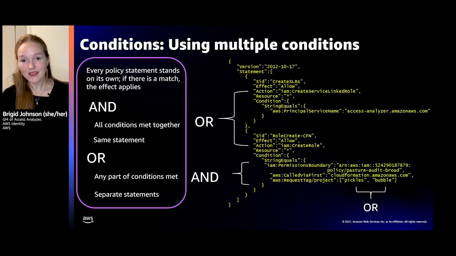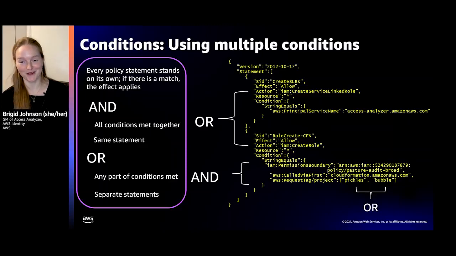Now, keep in mind, a lot of people think that they need the multi-value operator if they have a list on the right-hand side where that OR is. But if you have a list, it's ORed. And you only want to use multi-value operators when there's a multi-value condition key.